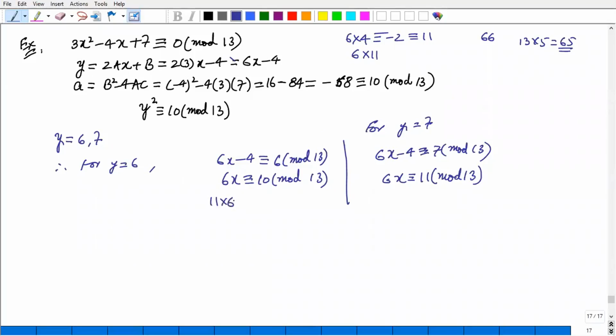So 11 times 6x is congruent to 11 times 10 modulo 13. So x is congruent to 110. What is 110 in modulo 13? 110 modulo 13 is 6. So 6 modulo 13.